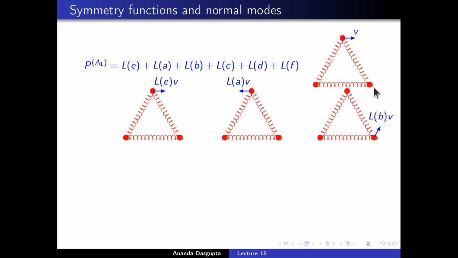LCV, reflection along this particular line, will move this atom here. It will also reflect this vector in this line, so it will make it point somewhat like this. So this is what LCV is going to be. Now comes LD, which is a 120-degree rotation, which brings this point here, carrying the vector with it, of course, and the vector also will turn through 120 degrees, which means instead of pointing horizontally, it will end up pointing in this direction.